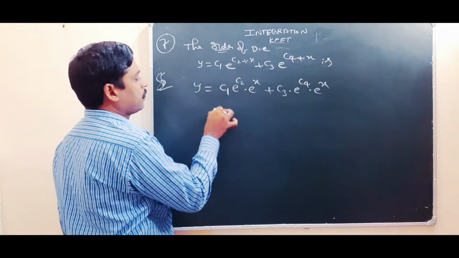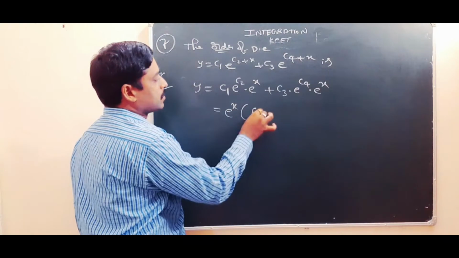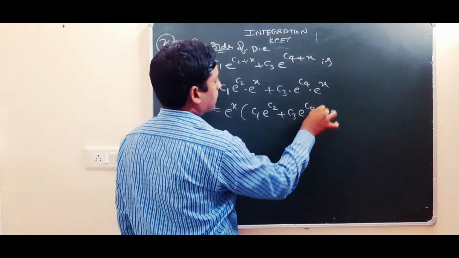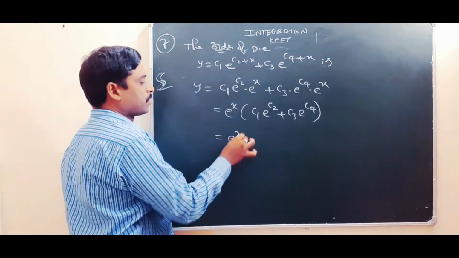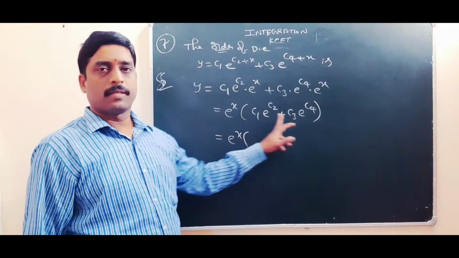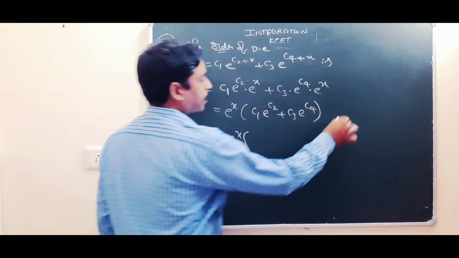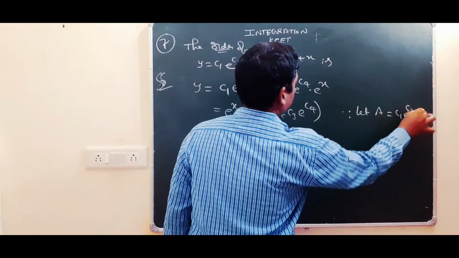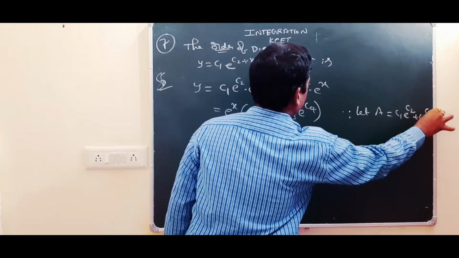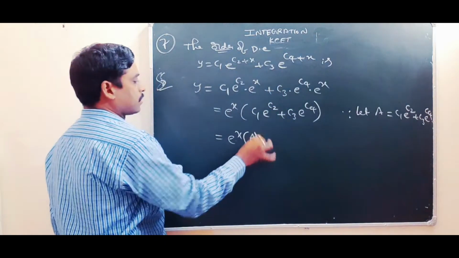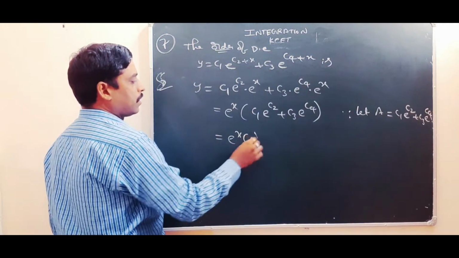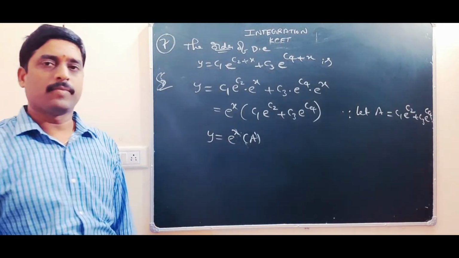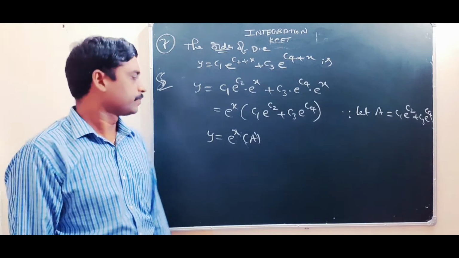In this, take e to the power x common: c1 e to the power c2 plus c3 e to the power c4. Let us take a constant a equal to c1 e to the power c2 plus c3 e to the power c4. So y is equal to a into e to the power x.